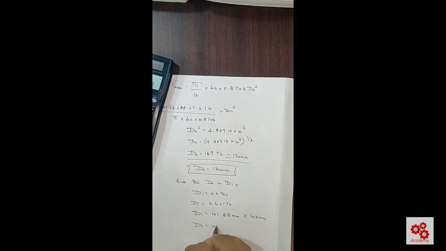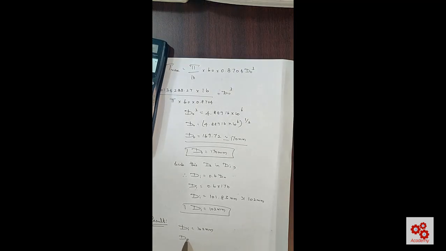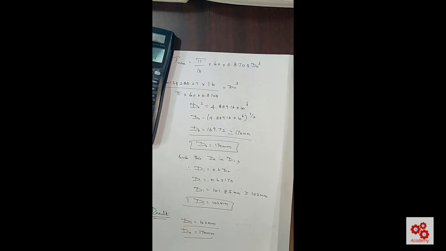Therefore the result is di equal to 102 mm and d naught equal to 170 mm. We have found the values.